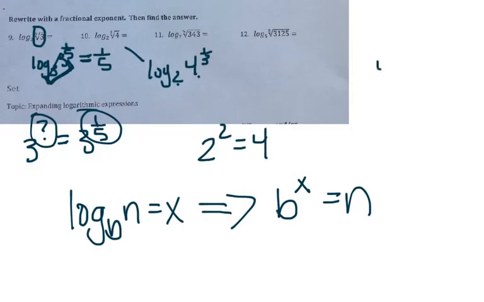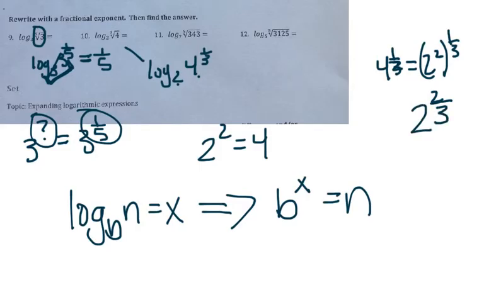So 4 to the 1/3 would be the same as 2 squared, to the 1/3, or 2 times 1/3 is 2/3. Okay, 2 to the 2/3. So it's really log base 2 of 2 to the 2/3, so our answer is 2/3. Okay, so that's number 10.